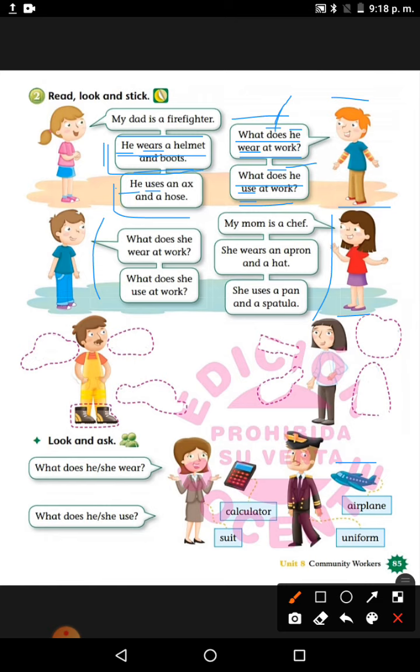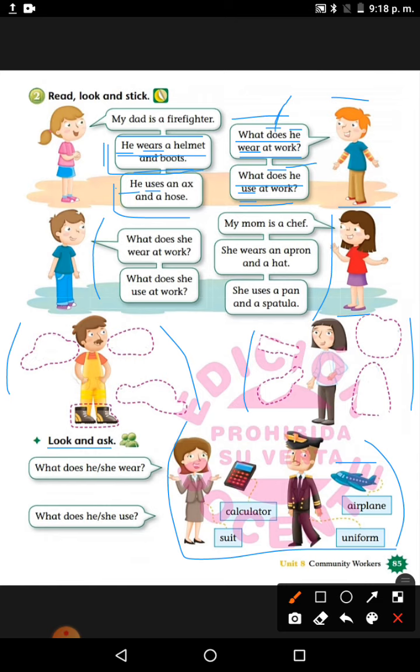After you stick the correct stickers in the right place, you are going to look and ask. And you have to write these questions in your notebook, okay? And you are going to answer these questions using these pictures as an example, okay?